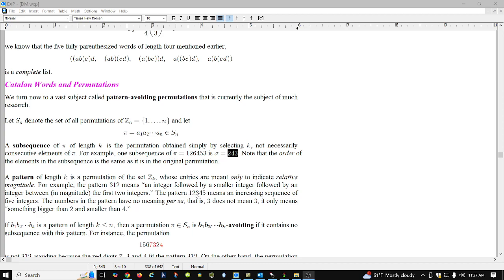This pattern, 1, 2, 3, 4, 5, simply means an increasing sequence of 5 integers, any 5 integers. So the numbers in the pattern have no intrinsic meaning, no meaning per se. 3 doesn't mean 3, it only means something bigger than 2 and smaller than 4.